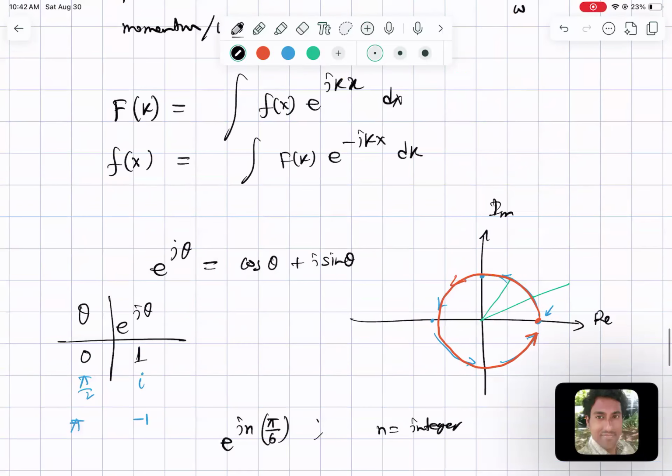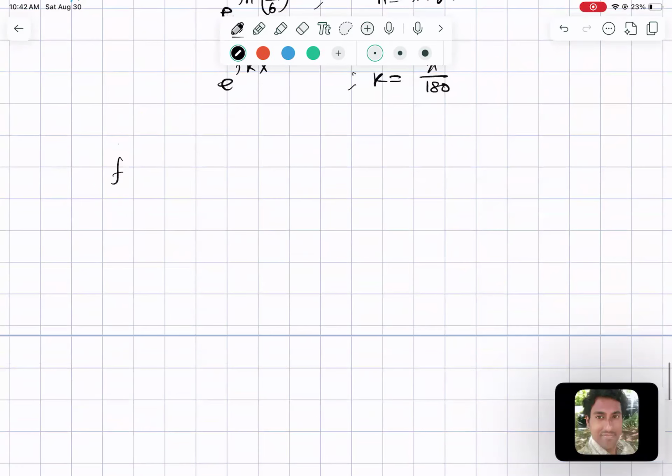And when we multiply with some factor, f of x, so if we plot f of x, and it's a constant 1. If f of x is a constant, then in that sum, what we're basically doing is adding up all these e to the power ikx, right?